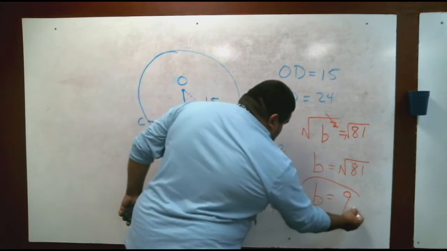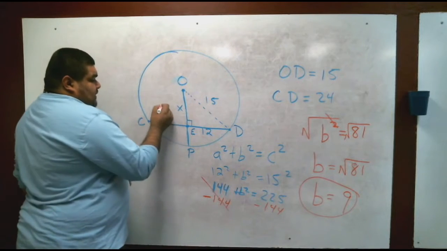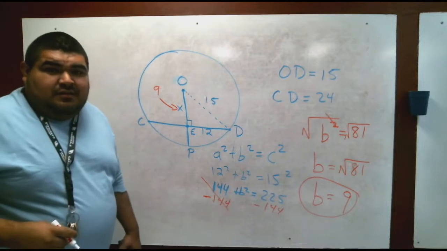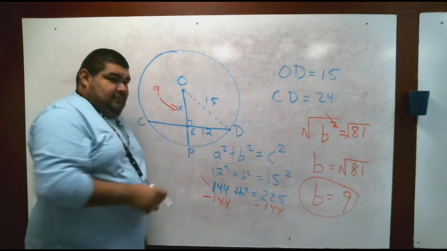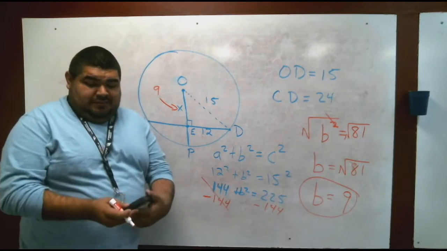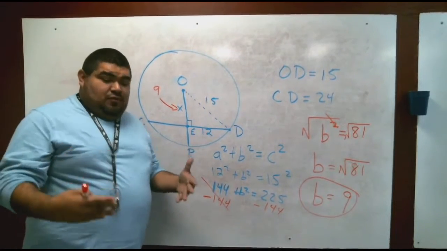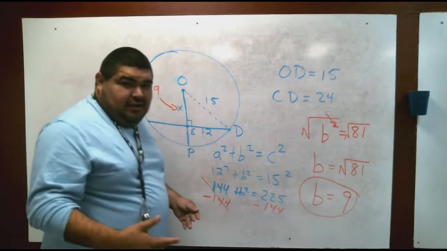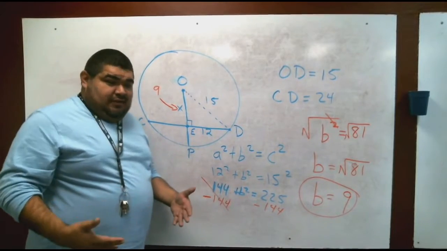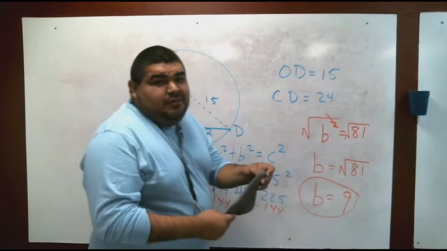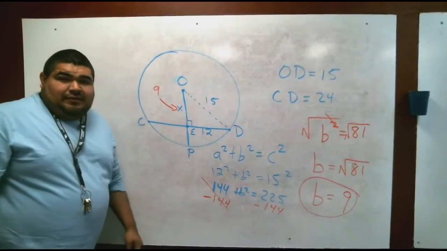So B equals 9, meaning x is 9. That's how we solve that. That's only part of what we're learning today. This is a little review of something we covered, just to get you into finding circle measurements with the Pythagorean Theorem. Make sure you write it all down.